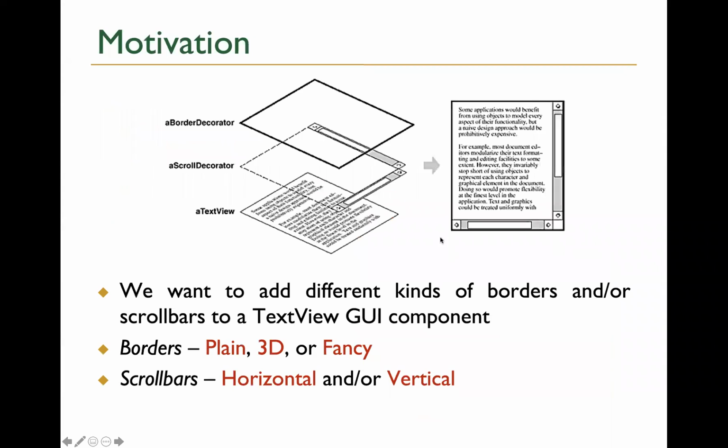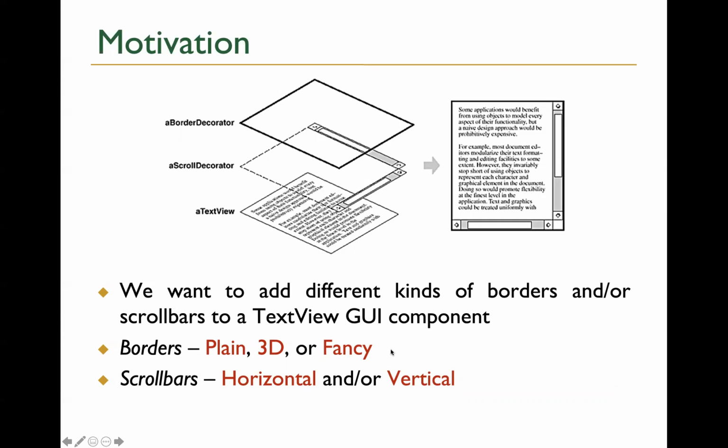Now, this example is from the book. In the book, we're talking about the old style UI system we're trying to build. Let's say you have this text editor, but then you want to do some kind of decorations on the UI. The decorations could be scroll bars, and then could be borders. For the border, for example, you can have a plain border, no border, and a 3D border, some kind of fancy border.